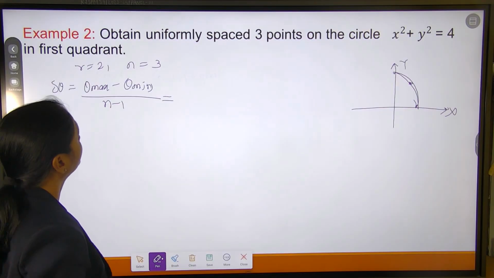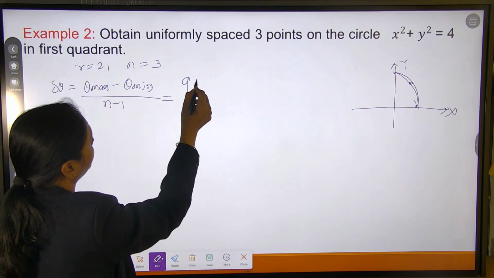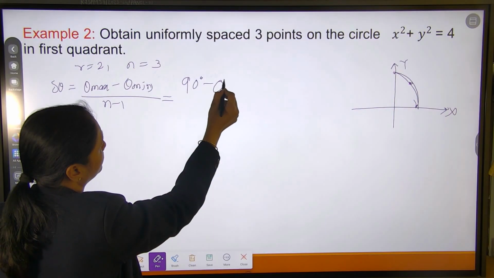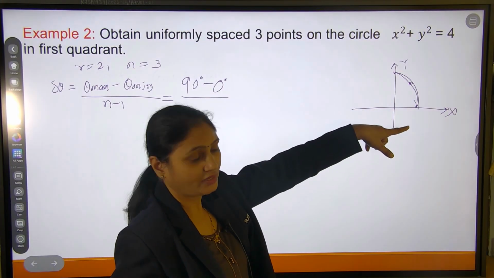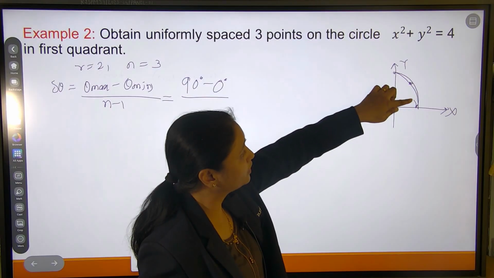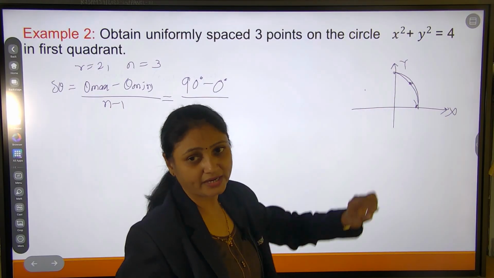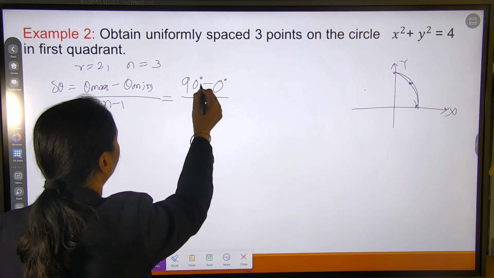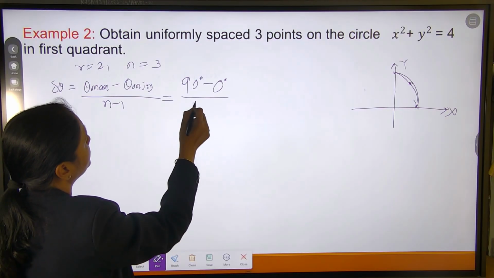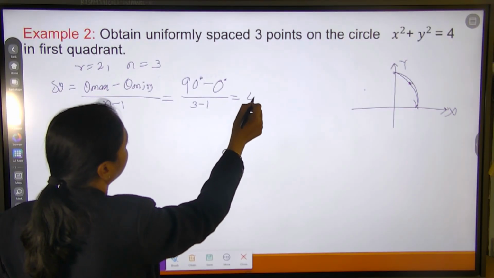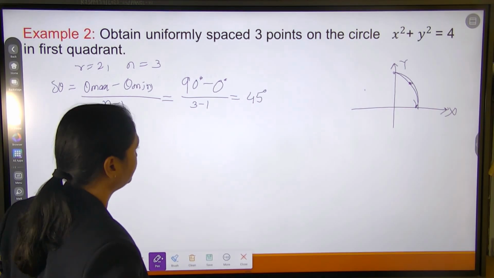Now here theta max is 90 degree and theta minimum is 0 degree, because the curve lies in first quadrant. So the initial angle is 0 and the final angle is 90 degree. So 90 degree minus 0 degree upon n minus 1, that is 3 minus 1. So it is 45 degree.